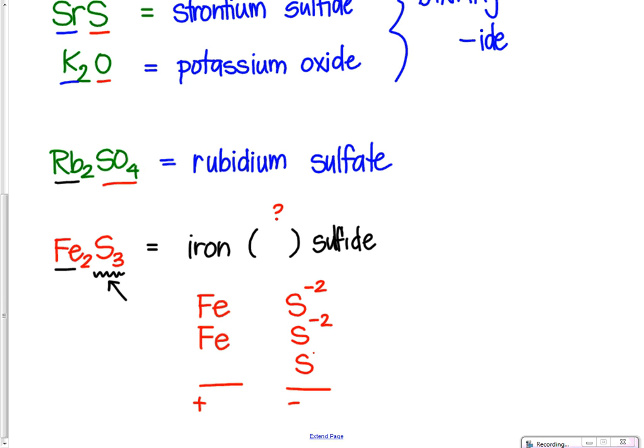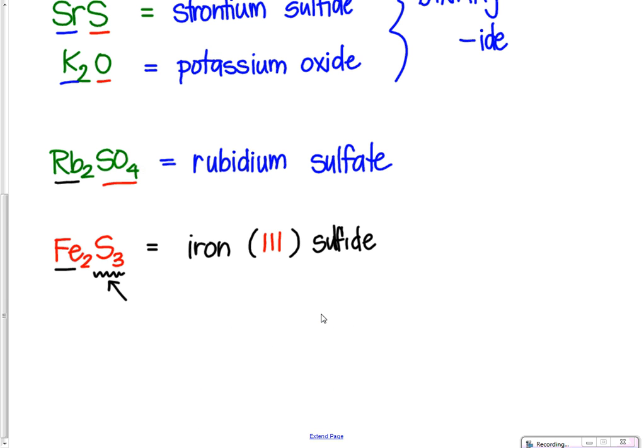So if each sulfur has a charge of -2, that would add up to be -6. That means the iron in this compound has to have a total charge of +6, which means each iron has to be a +3. So I would put the Roman numeral 3 in that parentheses. So this compound would now have a name of iron(III) sulfide.